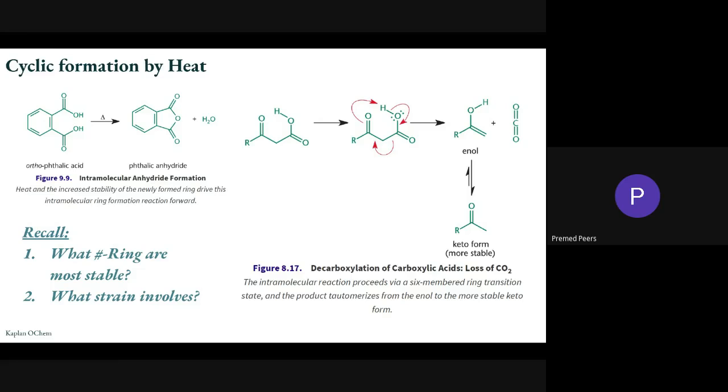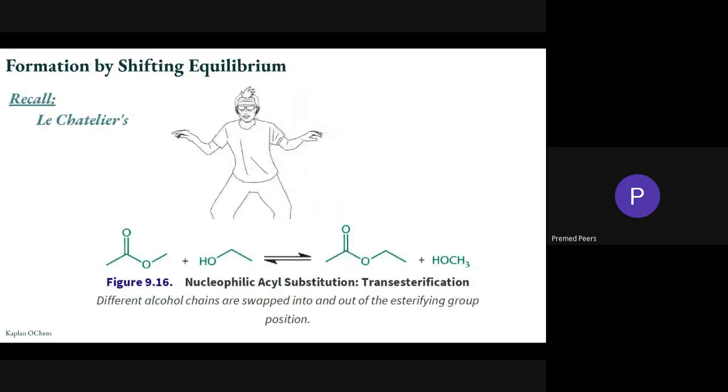Remember that what makes them stable is some sort of strain being alleviated because they involve more members. And what kind of strain is involved? Again, it is ring strain, angle strain, that confines how many members should be participating. So all these things we have talked about before, I'm just mentioning it over and over again, and there's actually nothing new.